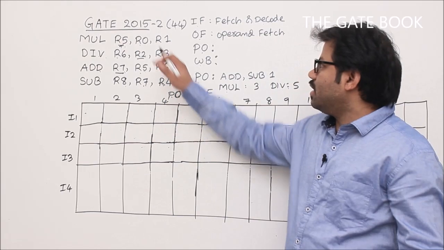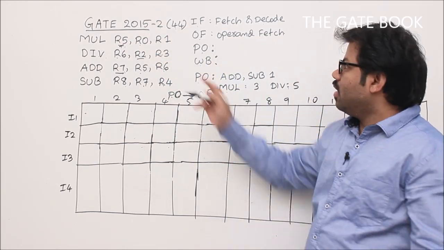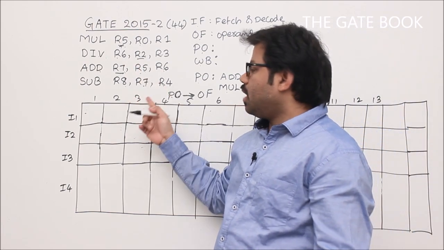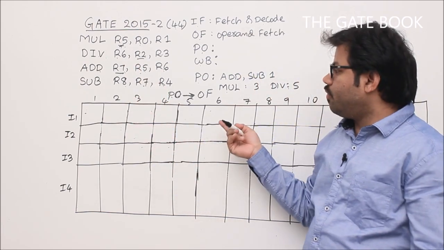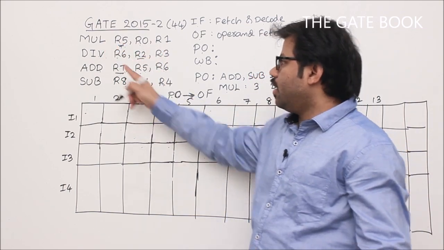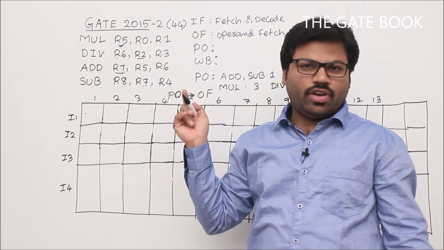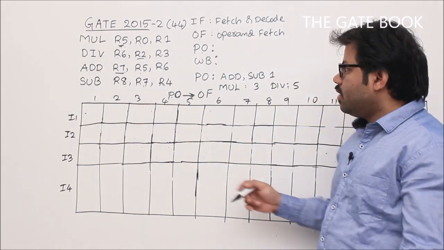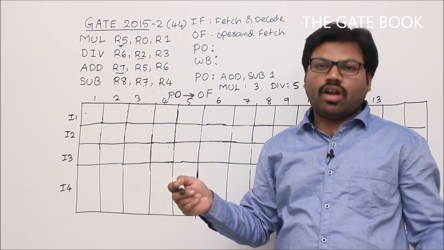Now we'll see this question which is asked in GATE 2015 paper, second set, question 44. It's not a multiple choice question, they have given fill in the blanks. Multiplication R5, R0, R1 and division, addition, subtraction, 4 instructions. We have to find out the number of clock cycles required. And there are dependencies. Then we have to go for operand forwarding.